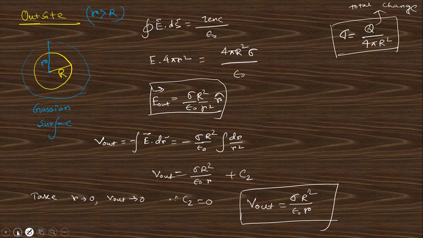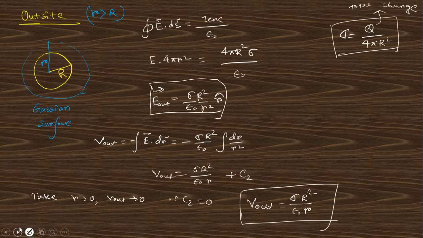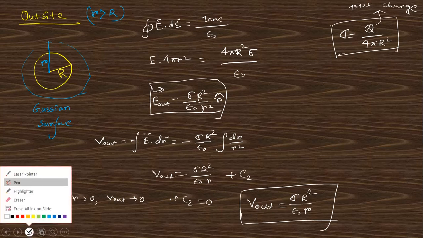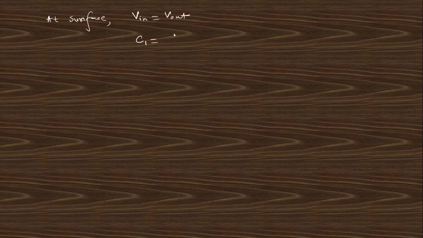So at the surface, V in is equal to V out. V in was C1 and V out will be sigma R square by R square, so sigma capital R square by epsilon naught R. So this is sigma R by epsilon naught.